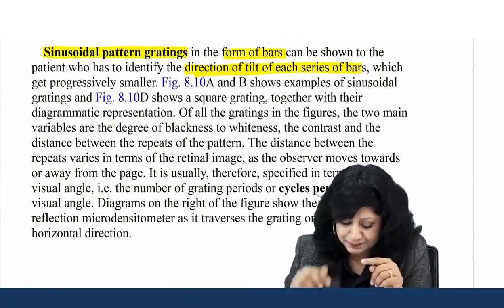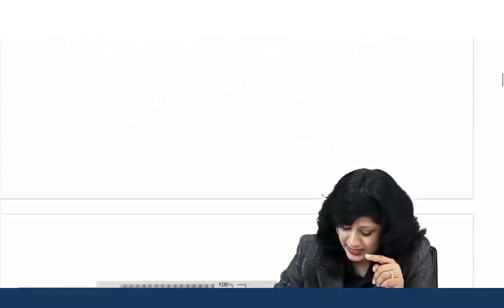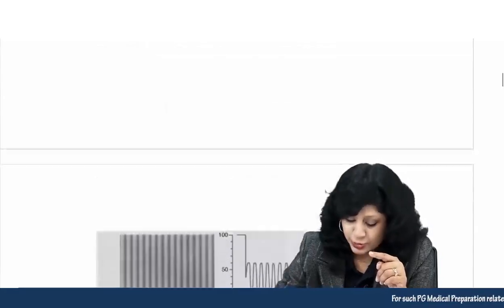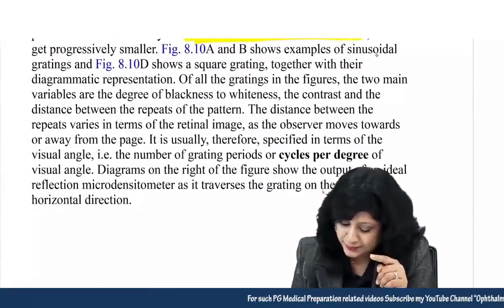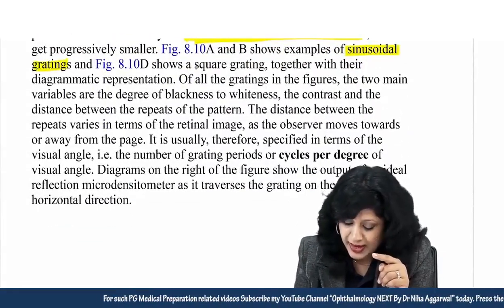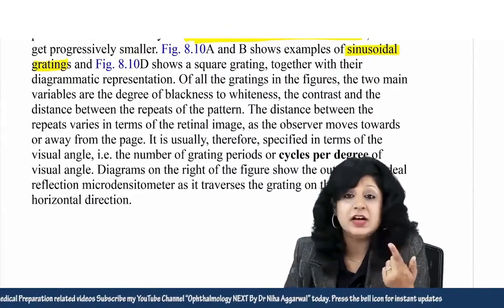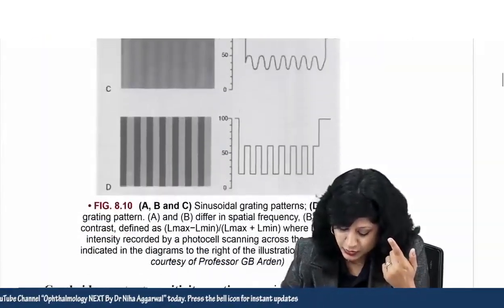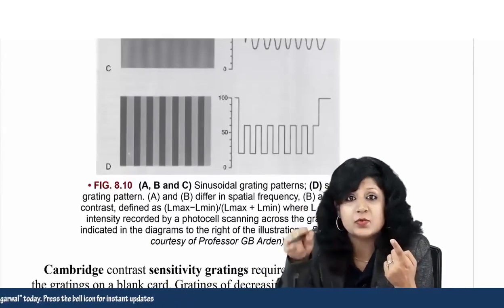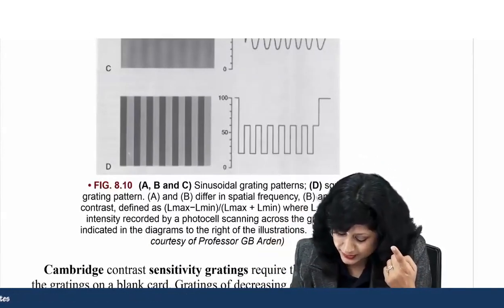Side by side we have these sinusoidal gratings also, and then we can have a square grating. See, this one is your square grating. Can you see the square pattern forming?